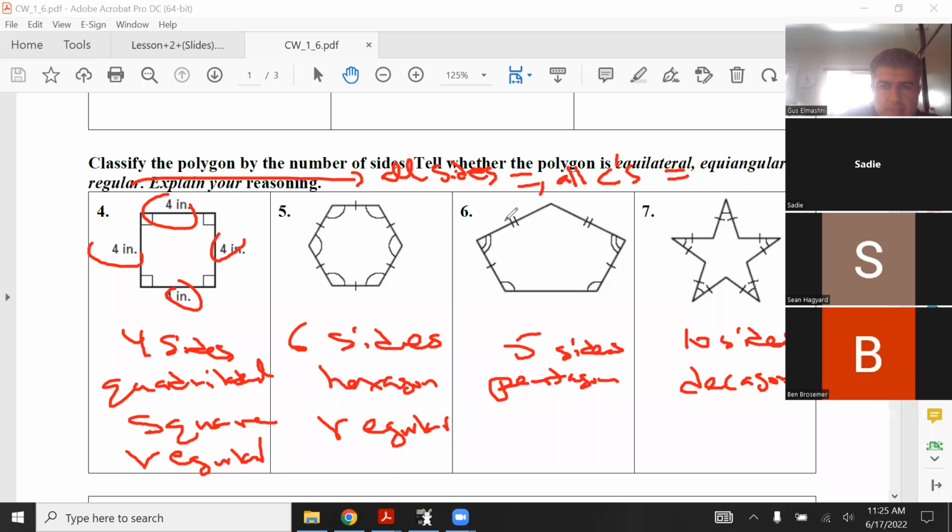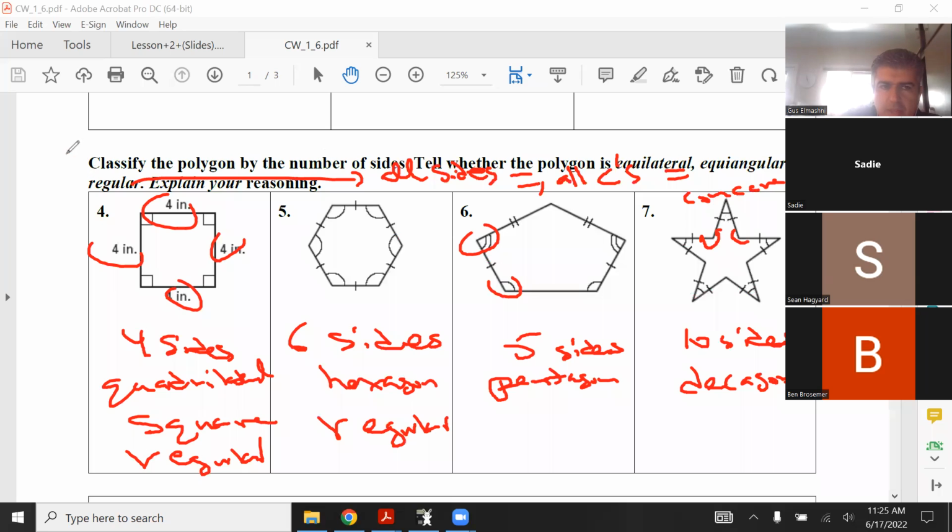And actually, it's not even equilateral or equiangular because some angles are different, some sides are different. Here, all the sides are the same. But 5 of the angles are the same. Then you have some really weird stuff happening. And plus this is a concave.